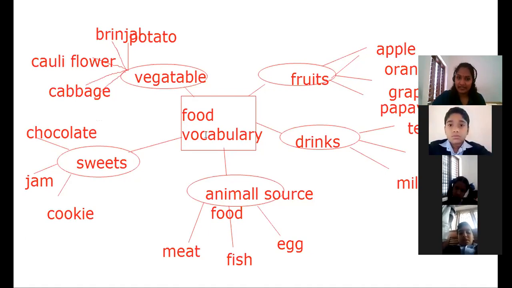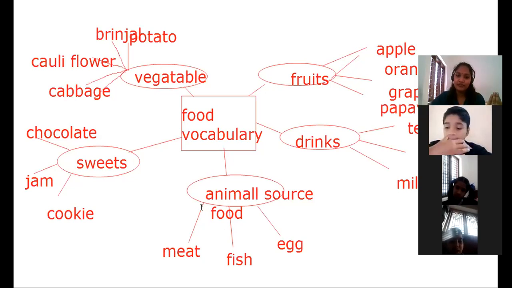So, see, consider food vocabulary. Related to food vocabulary, we can find some other words like vegetables, fruits, drinks, animal source food, sweets. Okay, these can again be classified like this.